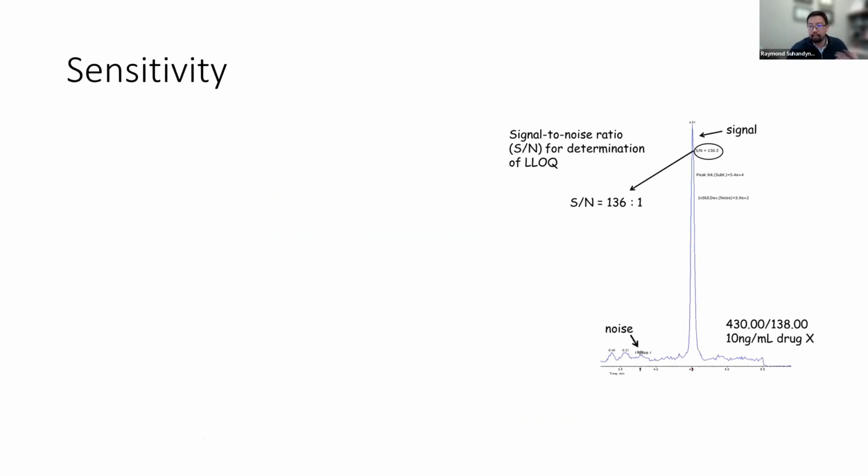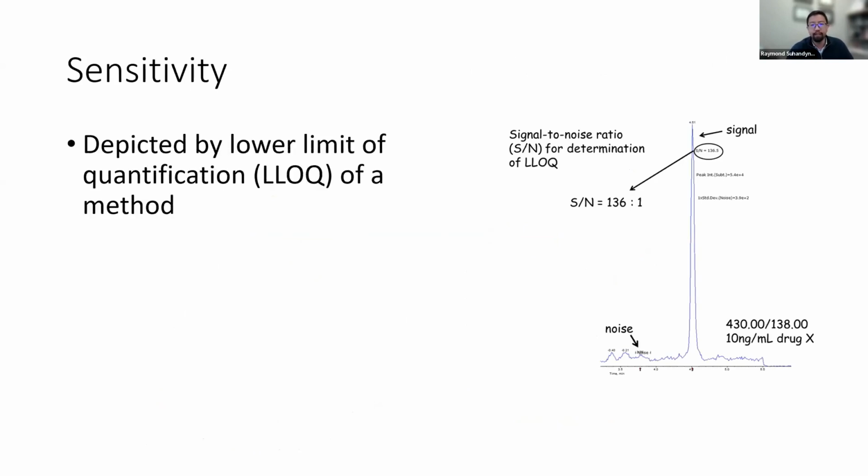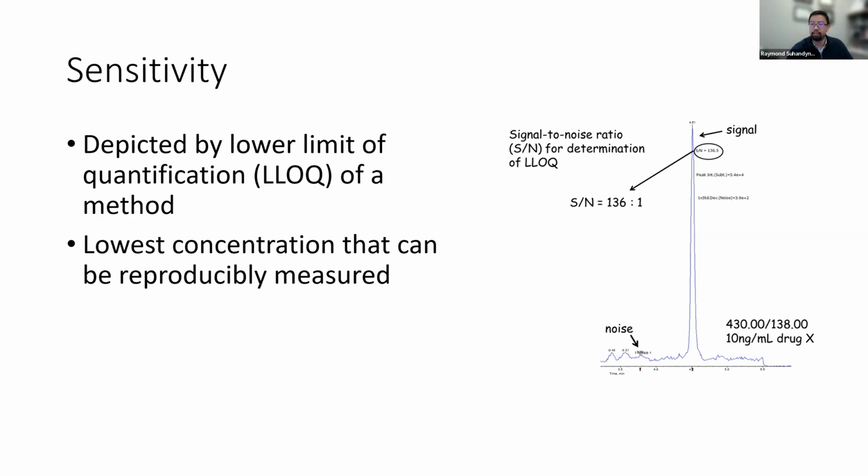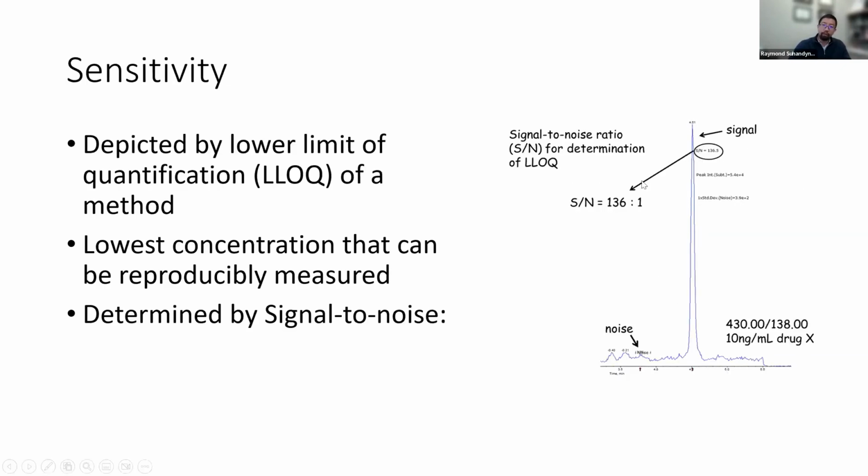That kind of brings me next to sensitivity, as we talked about earlier. And that's typically depicted by the lower limit of quantification of a method. And it's also really dependent on something we refer to as signal and noise, as shown here. So in this case, what do we mean by signal and noise?